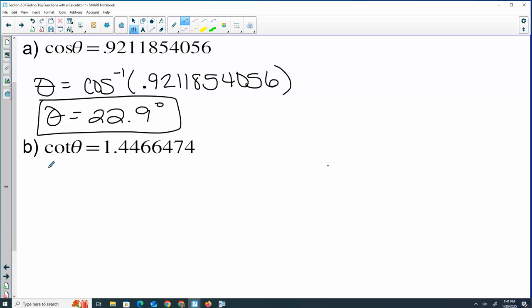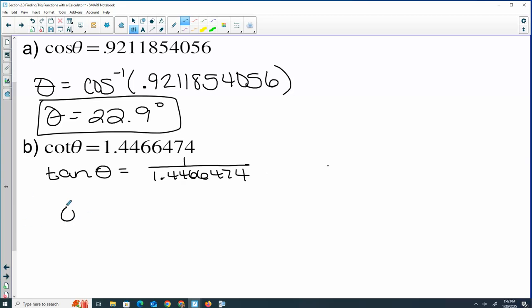Tangent and cotangent are reciprocals. That means tangent is 1 divided by this. I'm just rewriting it as tangent because we don't have a cotangent inverse button on the calculator.